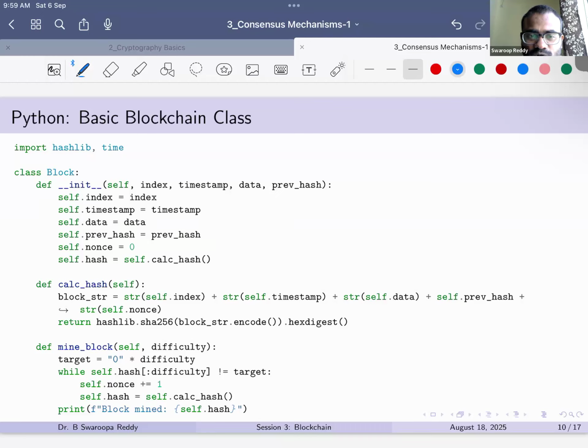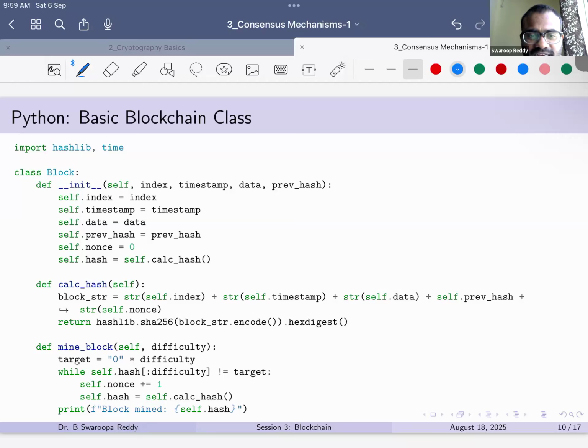It will calculate the hash value by concatenating all these values: index, timestamp, data, previous hash. By taking all these values, it will compute the double hash. Like first it will calculate the double hash. Okay, I need to change this code.